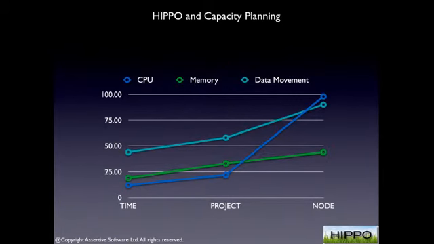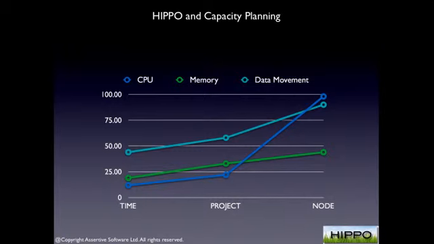Lastly, let's look at capacity planning. The capacity planner in an Informatica environment needs to understand trends in CPU, memory and data movement. They need to understand those trends in terms of time, in terms of projects over time, and also in terms of nodes over time. That's exactly what HIPPO does.